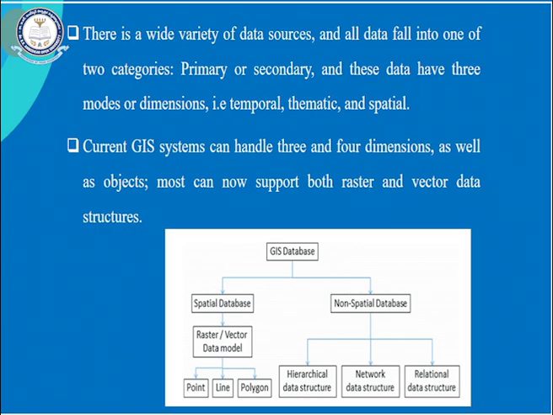And vector data consists of xy coordinates, which we can categorize into point, line and polygon. What is a point here? The point is nothing but x1, y1. And what is a line? x1, y1, x2, y2, x3, y3 up to xn, yn.